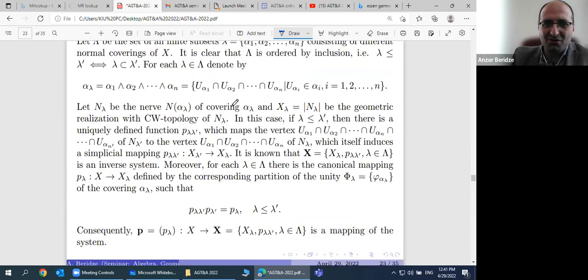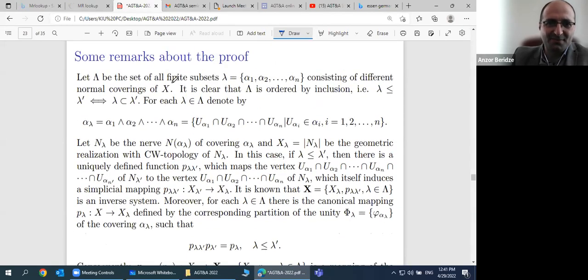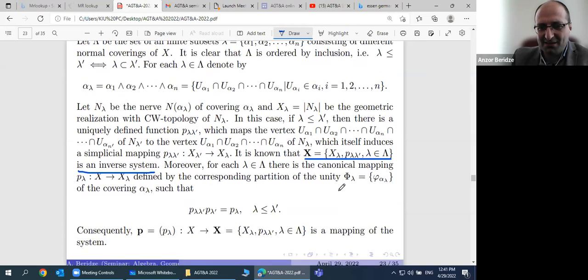So somehow using the normal covering, it is possible to construct an inverse system. And using this inverse system, Mardesic has constructed the resolution.